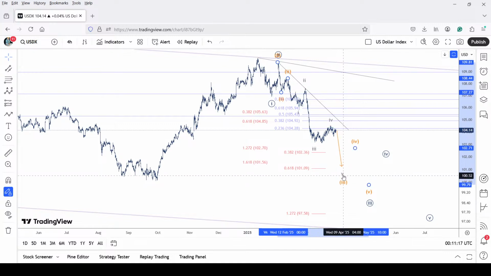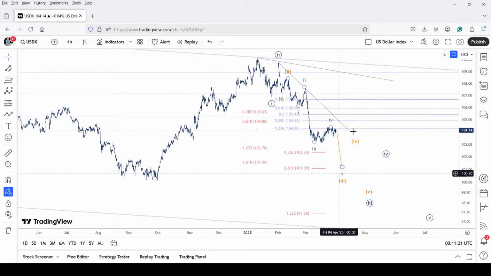Alongside, it will terminate minute wave 3. All right, so we are targeting 101 as a potential short term. We might take profits there partially because after that, maybe minute wave 4 and 5 would unfold on the north side and south side respectively, terminating wave 3 and then the minute wave 4 and 5.